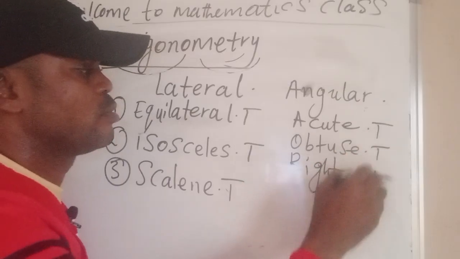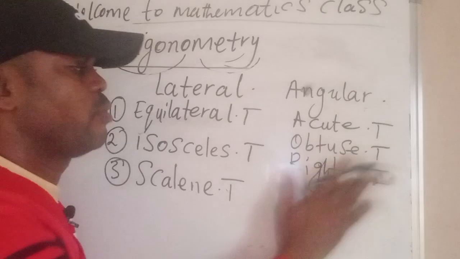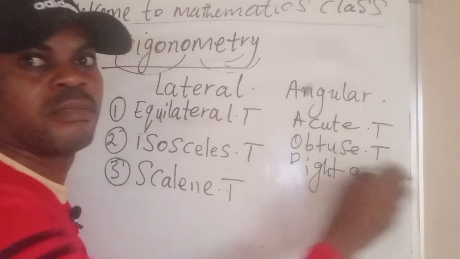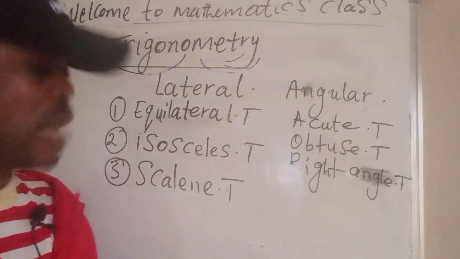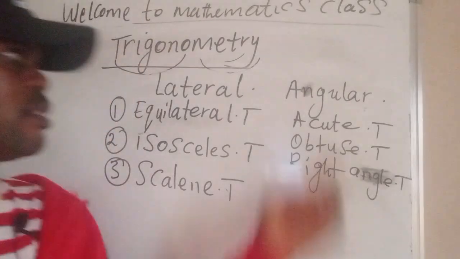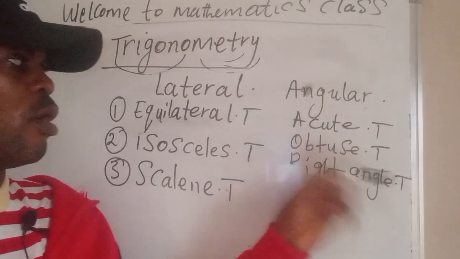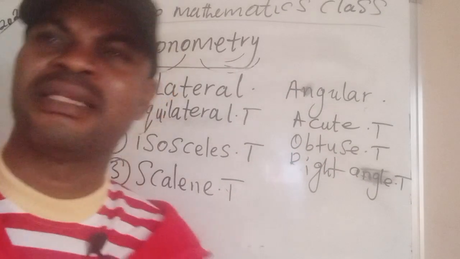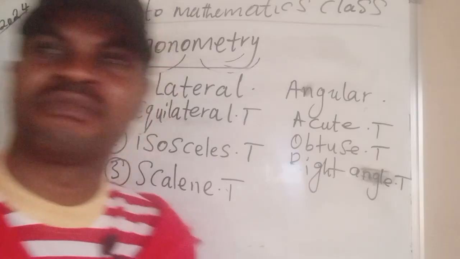So based on angular classification, that means classification of triangle based on the angles they possess, is either acute or obtuse or right angle triangle. These are the three basic classifications of triangle.